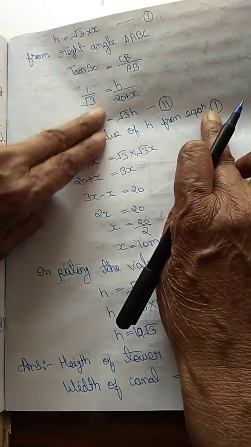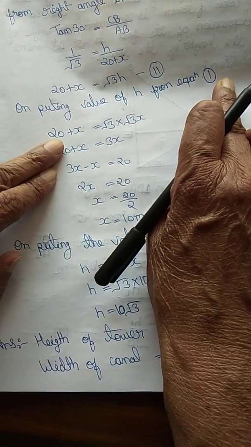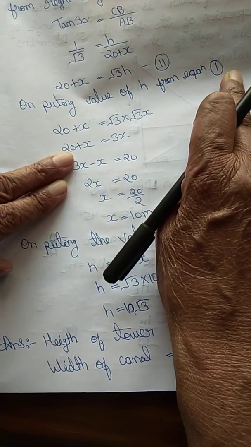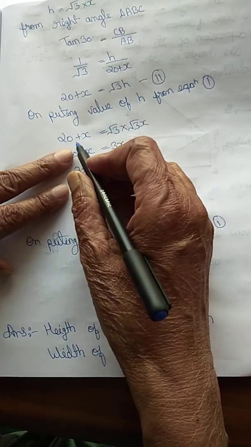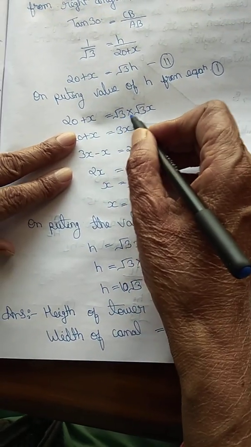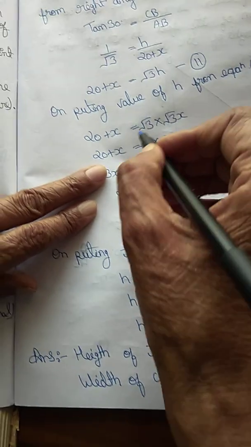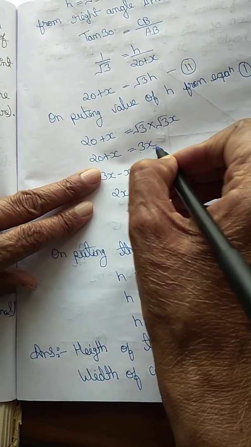Putting the value of h from equation 1, you get 20 plus x is equal to root 3 into root 3x. This root 3 into root 3 becomes 3x. So 20 plus x is equal to 3x.